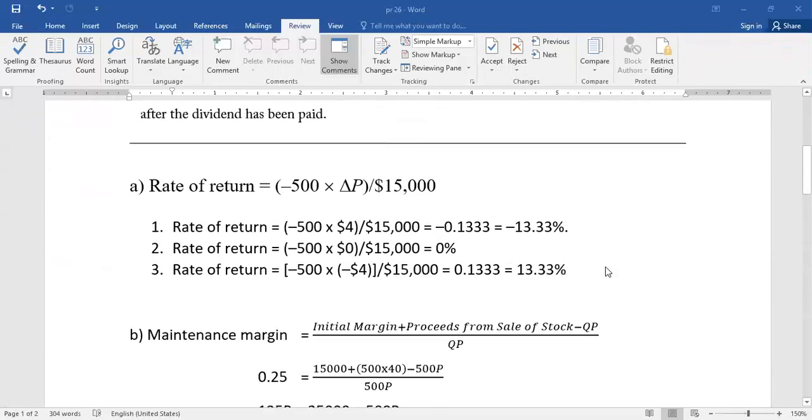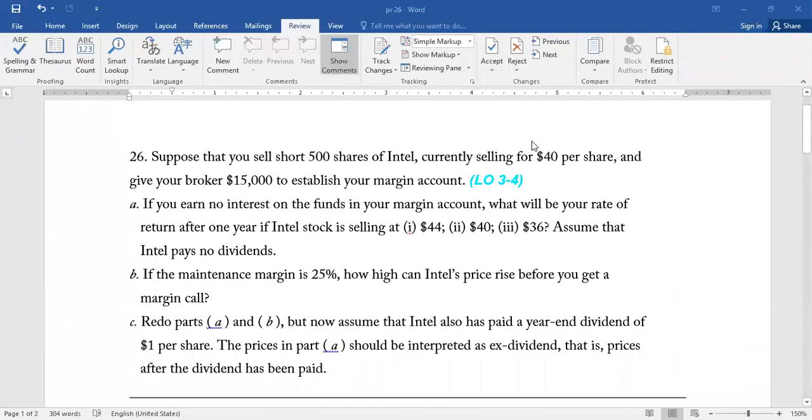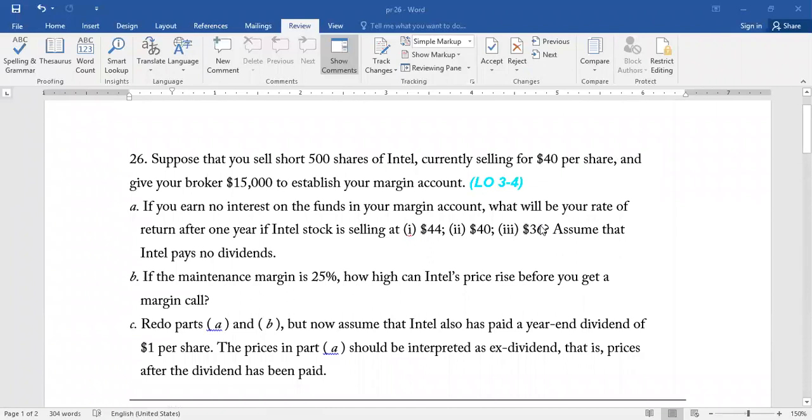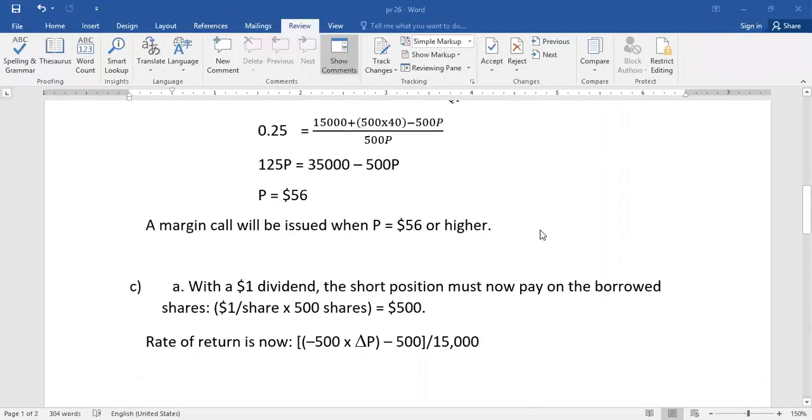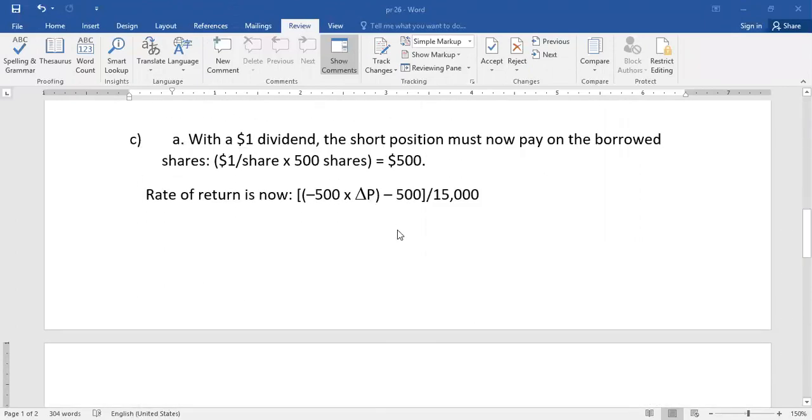Now, in the third case, I shorted 500 shares at $40 per share. A year from now, the stock is selling at 36. So we have a decrease in the price of the stock from 40 to 36. So it dropped by $4. New minus old. So delta P is minus 4.